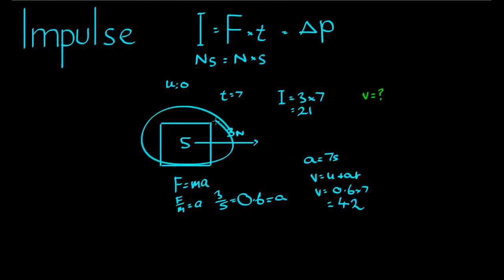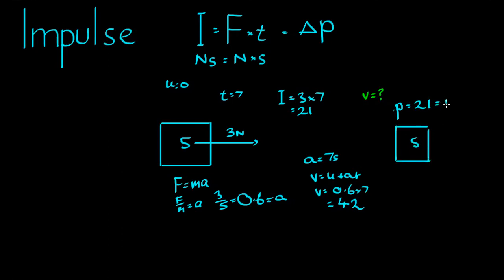The starting momentum is 0, and there is some final momentum at the end. The change in momentum is equal to 21, because that's the impulse, 3 times 7. So change in momentum is equal to 21, which is also equal to the final momentum, since it starts at 0. And that final momentum is equal to mass times velocity.